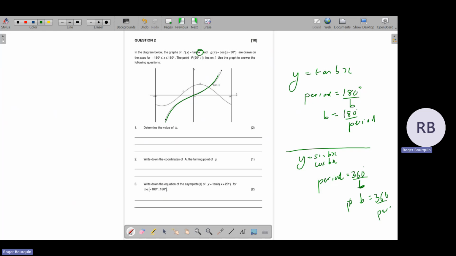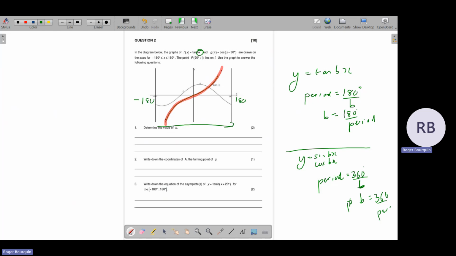So the first thing you have to do is speak to your neighbor and say, what is the period of this tan graph over here? How far does it take to complete a full wavelength? What's the distance between the asymptotes? This was equal to negative 180. This is 180.